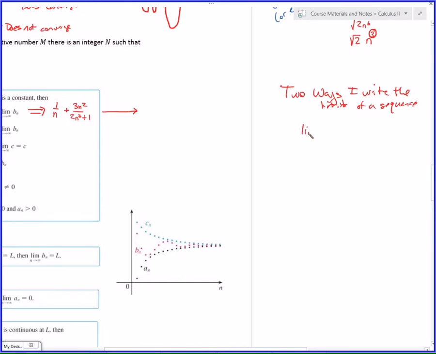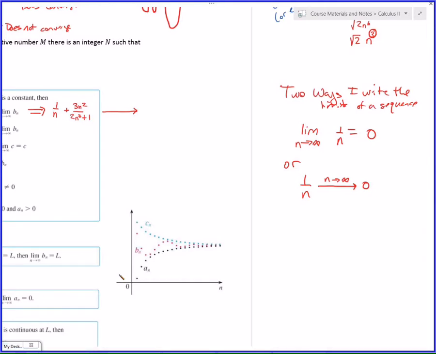I'll either write limit as n goes to infinity of something equals 0, or I'll write 1 over n goes to 0 as n goes to infinity. Those two things that I've written right there are exactly the same thing. It's just me, two different ways of writing the same thing.